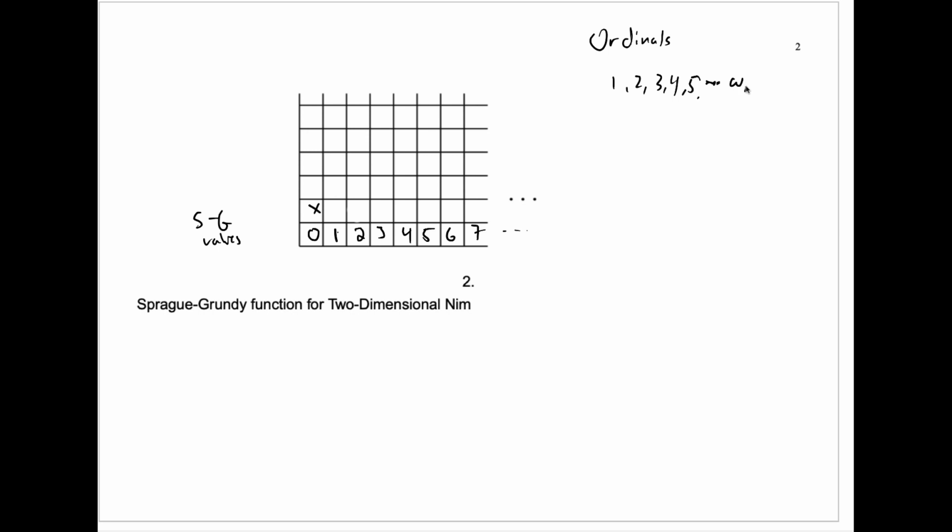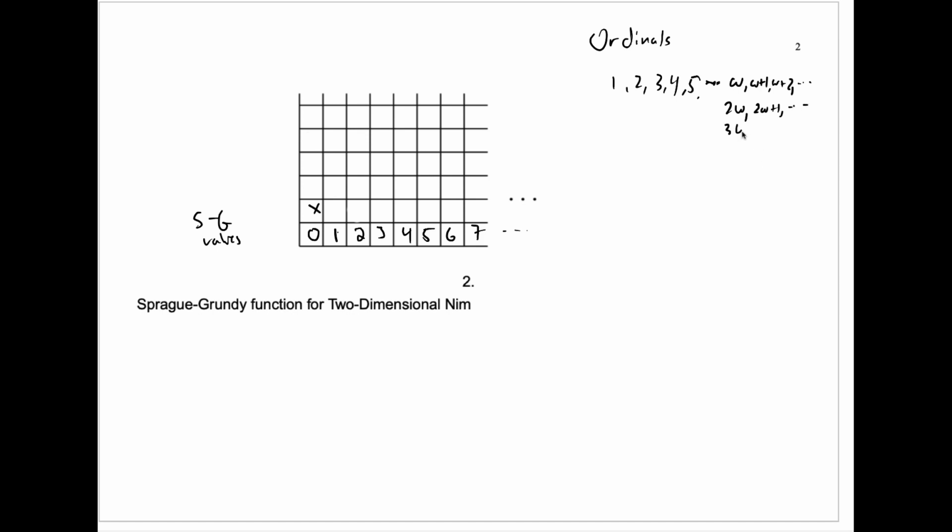Then the next ordinals after omega are omega plus 1, omega plus 2, and they keep going. The next ordinal that's bigger than any of these would be 2 omega. Then we'd have 2 omega plus 1, etc.